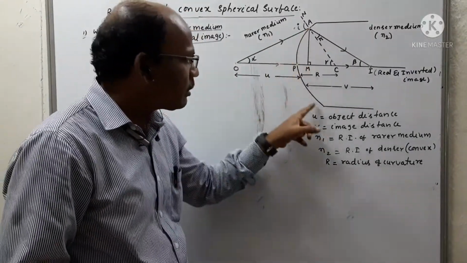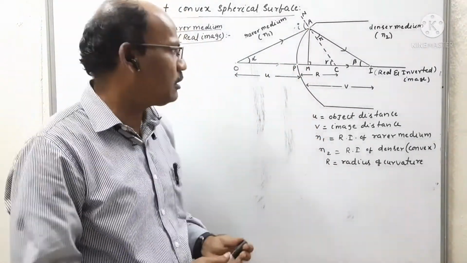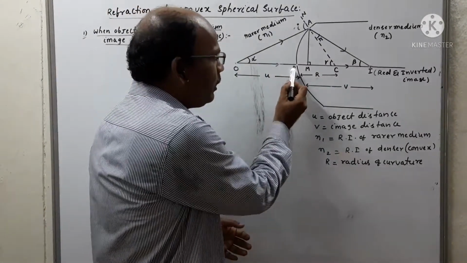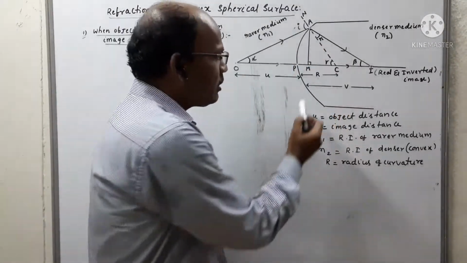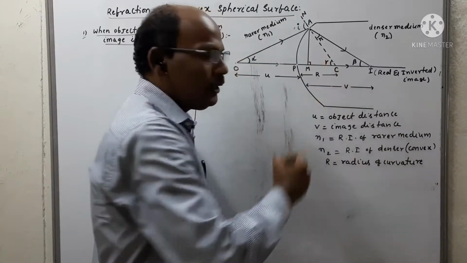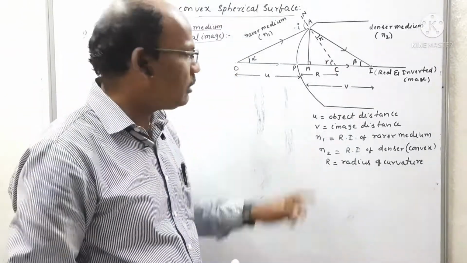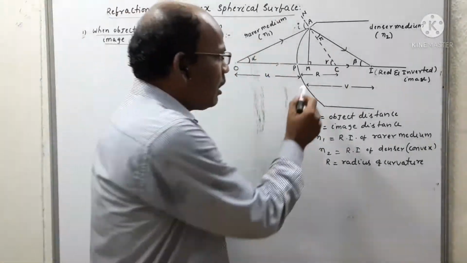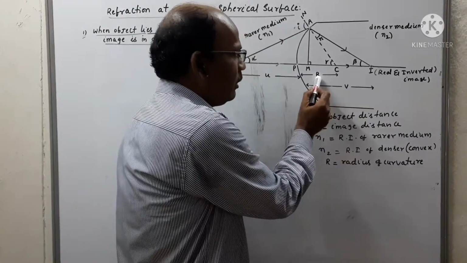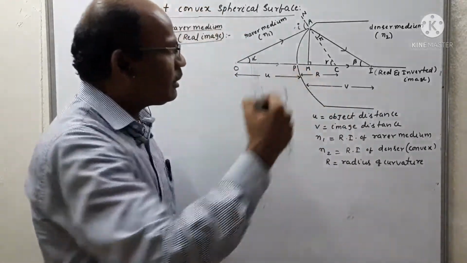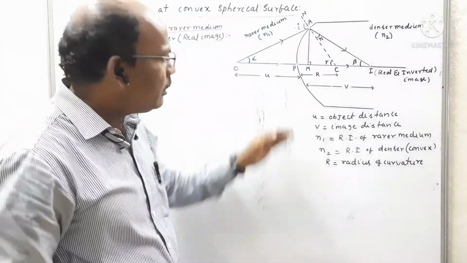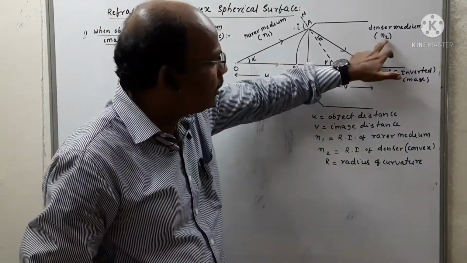So this is the convex refracting surface, and P is the pole of the convex refracting surface, and C is the center of curvature of the convex surface, R is its radius of curvature. This is the given convex surface, and the refractive index of the convex surface is N2.